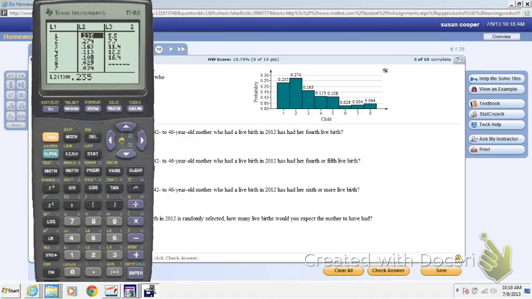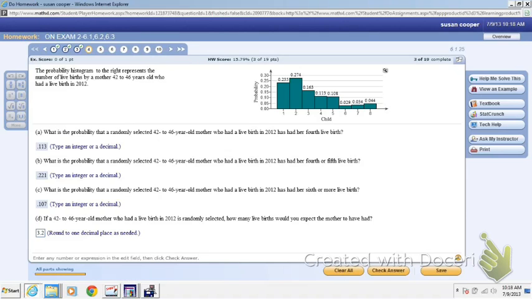And then to get the expected value, I call it cheating because you're not crunching it out by hand, just hit stat, calc, 1 variable statistics, hit enter, but then tell it L1, comma, L2, and it'll get your mean with regard to that distribution. So x-bar, the 3.028, so rounded that's 3.0, that's what we're looking for.